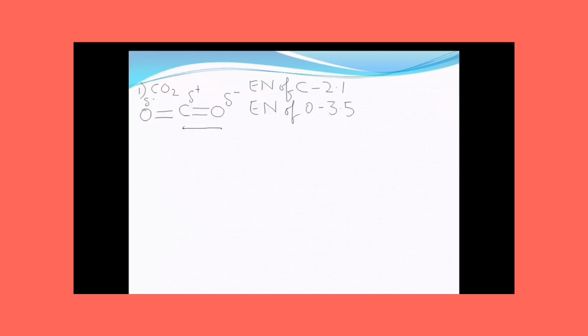The direction of the dipole moment is from negative to positive charge, and here also you will draw it from negative to positive charge. So the two dipole moments are equal in magnitude but opposite in direction. So the net dipole moment of carbon dioxide is equal to 0. So carbon dioxide is a non-polar molecule.